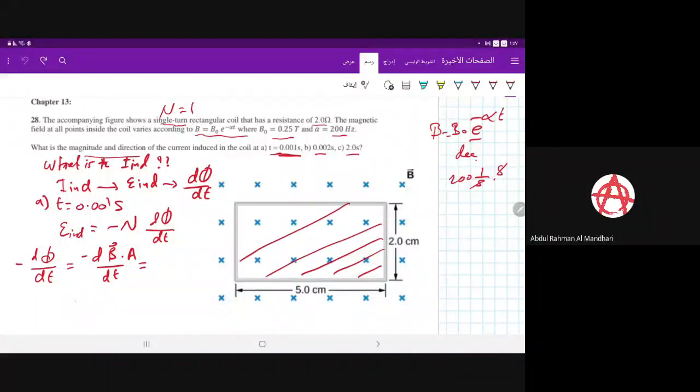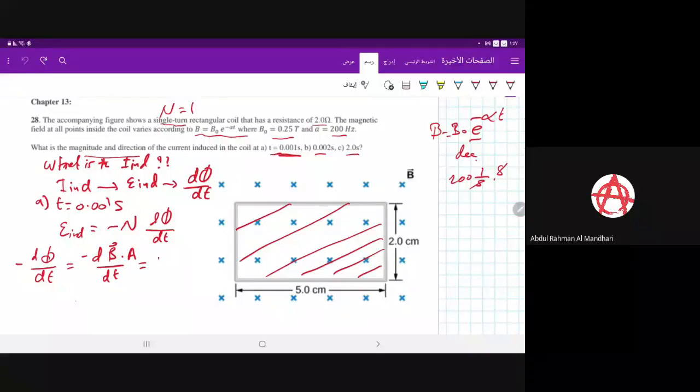So A is not changing, but B is changing, and this is why we have the flux changing. Flux changing is due to one of these two, or maybe both of them. Sometimes the magnetic field and the area change together, but in our case now only the magnetic field is changing.